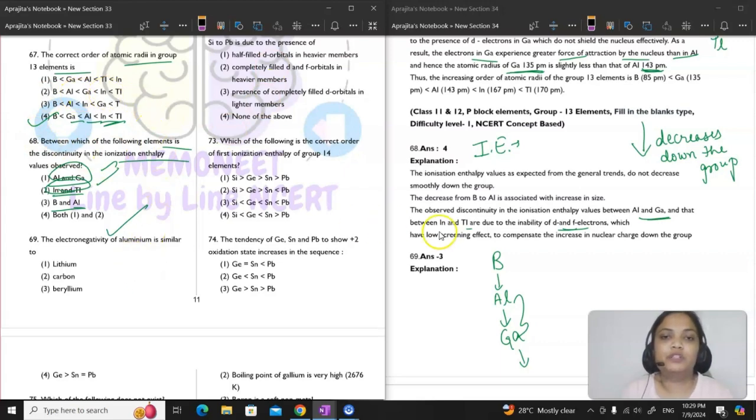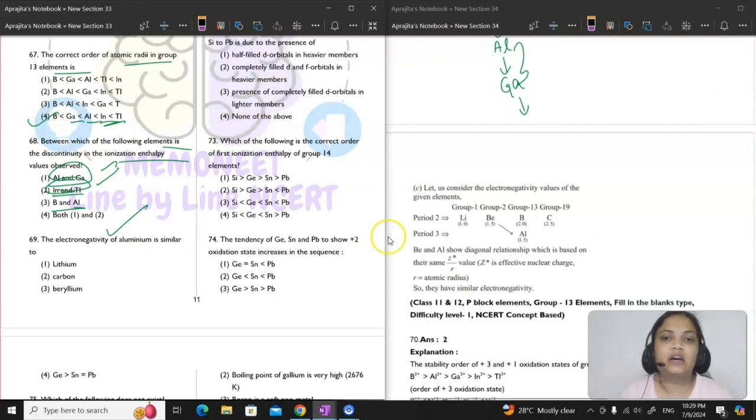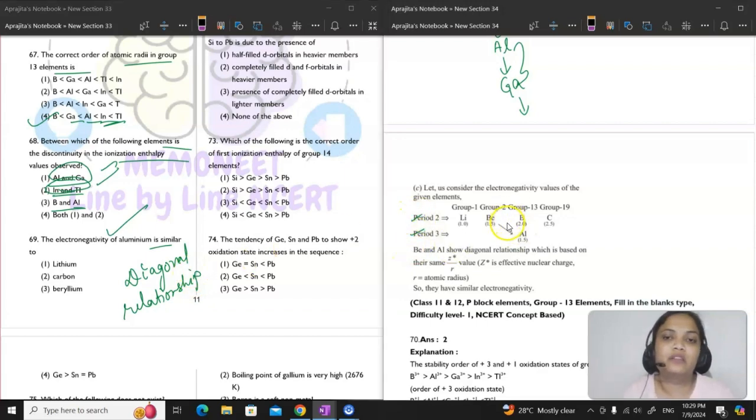Now next question, question number 69. The electronegativity of aluminium is similar to lithium, carbon, beryllium or boron. So students, you might have heard of diagonal relationships, between the elements of period 2 and period 3. So they will have similar properties.